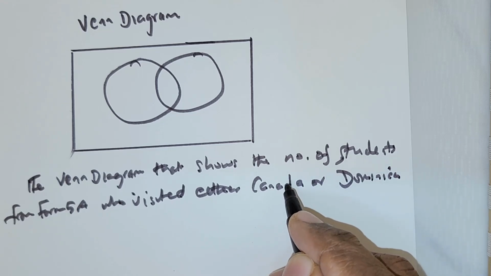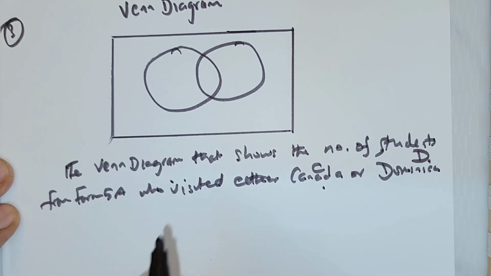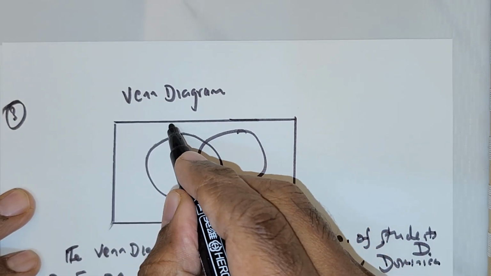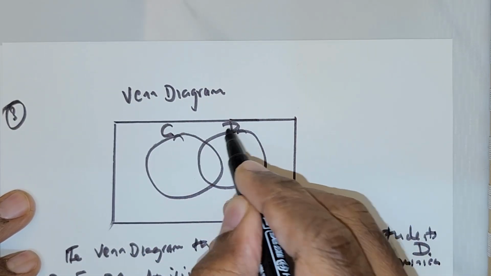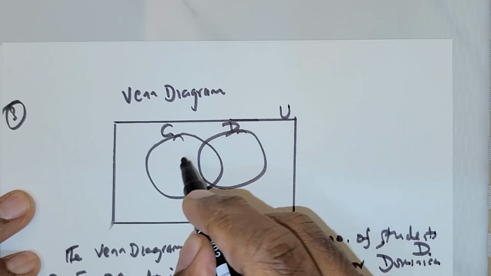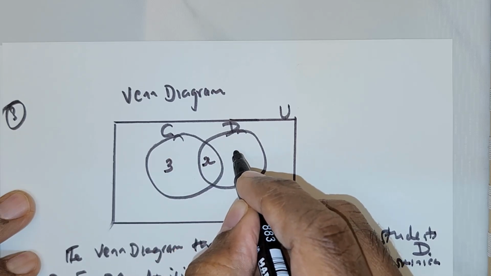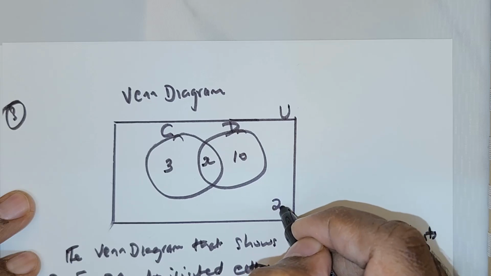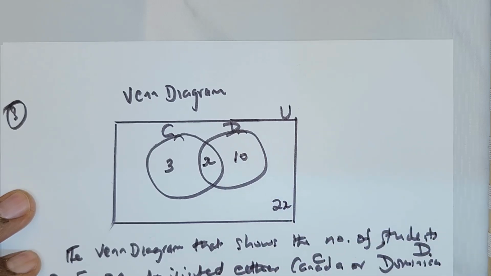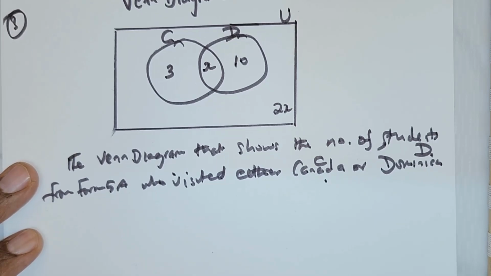So Canada is represented as C, Dominica is represented as D. So we have the C here and D here, and this is the universal set, and we are given this 3x and 10. The value outside the intersecting circle is given as 2x.